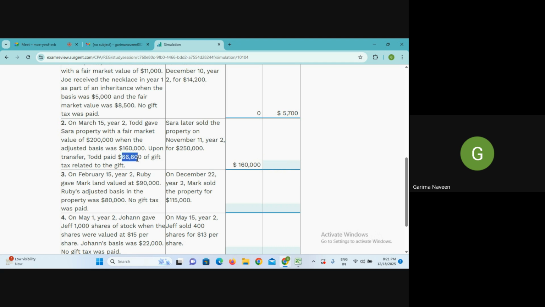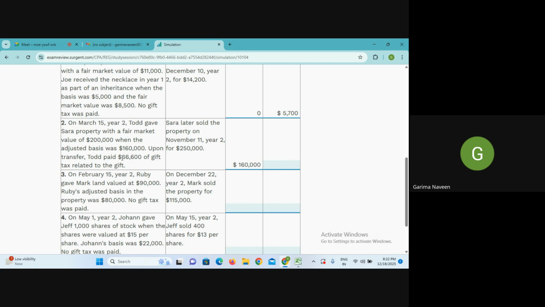The whole amount of taxes is given, but you have to proportion these taxes related to the appreciation of property. So 200 minus 160, $40,000 is the value of appreciation.